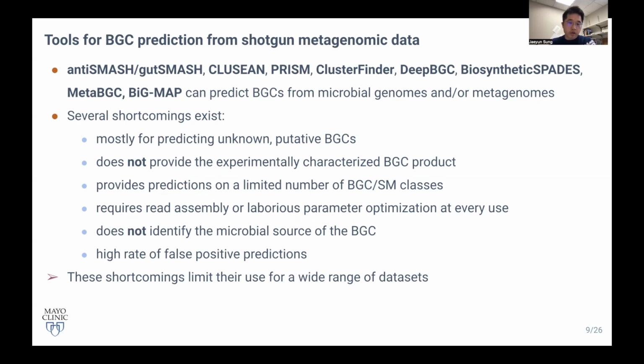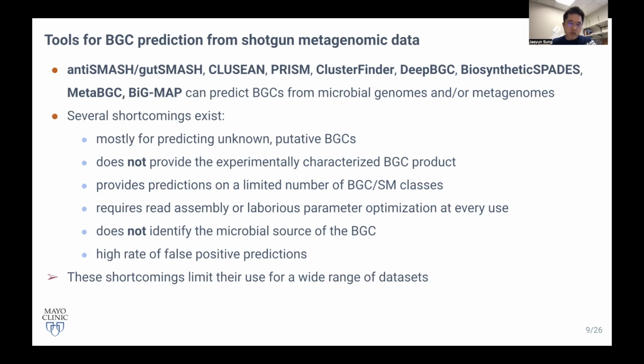They also provide predictions on a limited number of BGC classes, but we want to screen for all known classes. Some require a lot of fine-tuning, and none identifies the microbial source of the BGC. But we also want to know which microbes harbor the predicted BGCs. So to be fair, this is all probably by design, and hence more of a feature than a bug. Still, these are shortcomings based on what we wanted to do.